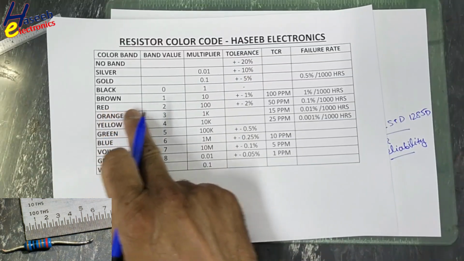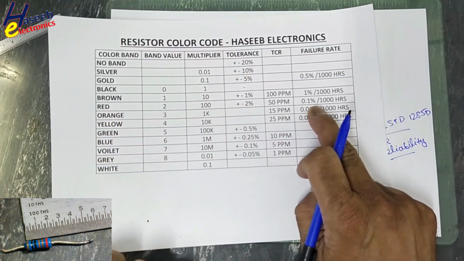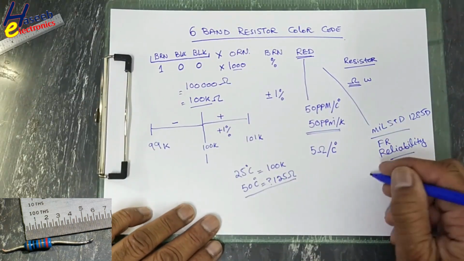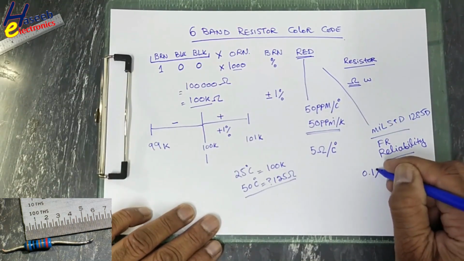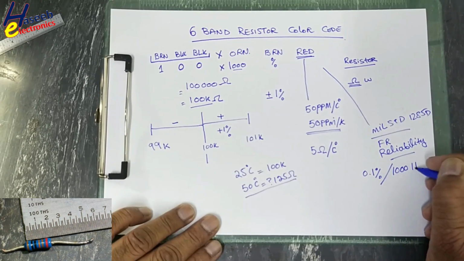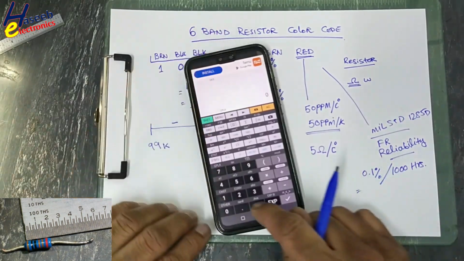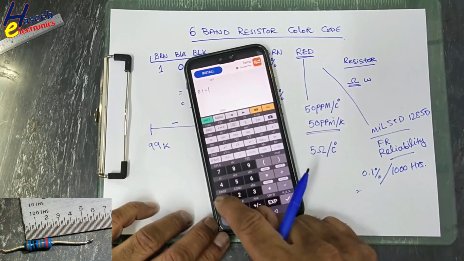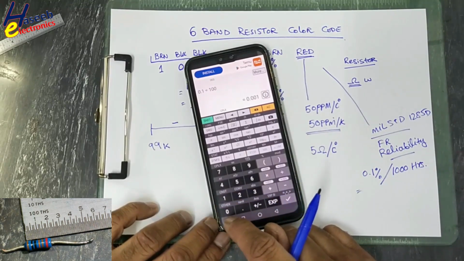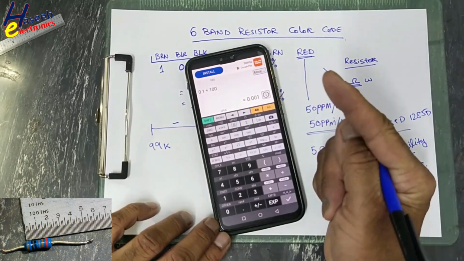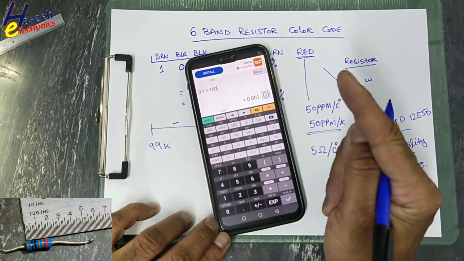That time this red color indicates 0.1% per 1000 hours. 0.1% over 1000 hours. 0.1% means one resistor out of 1000 resistors.